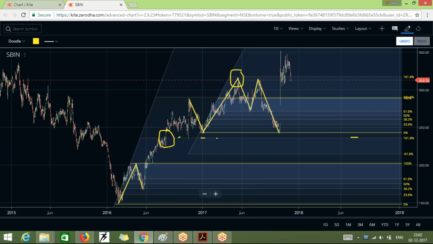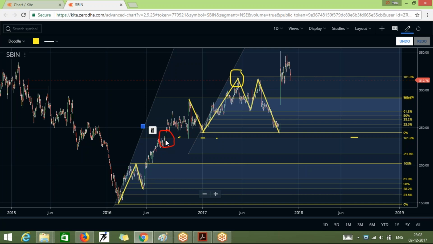And there is another scenario for wave 5 calculation, but for that we need to take another chart where wave 3 is less than 161%. That is, wave 3 should not cross this one, it should be less than this one.